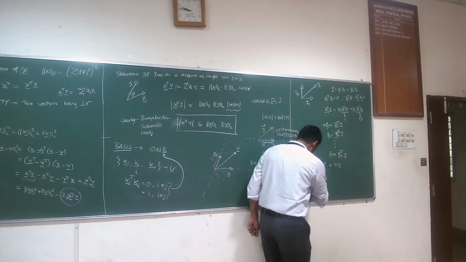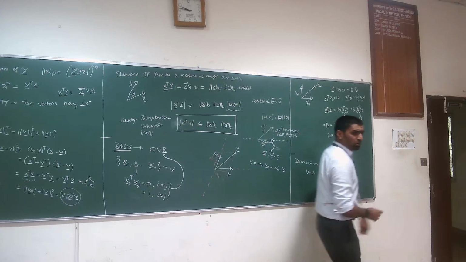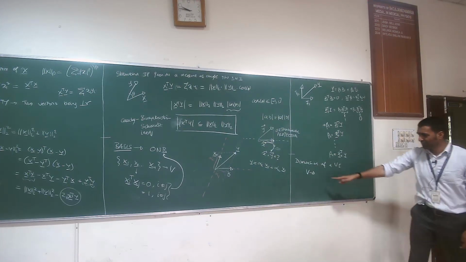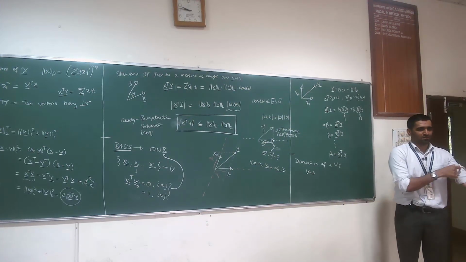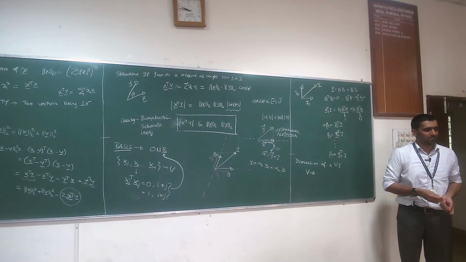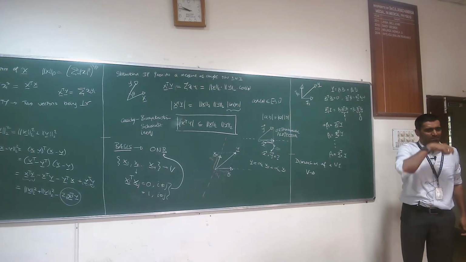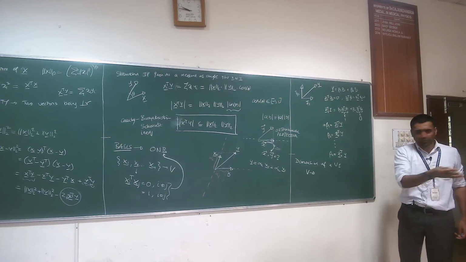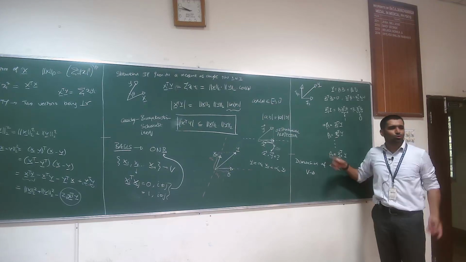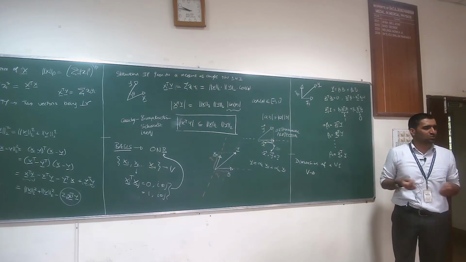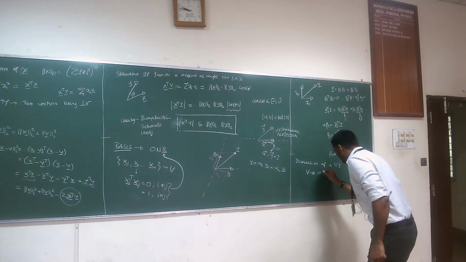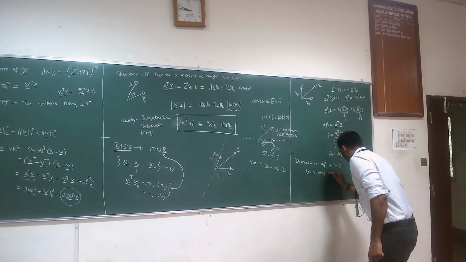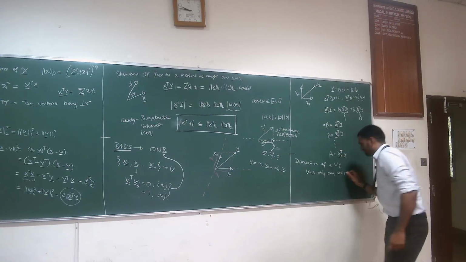So if you have a vector space V, how many possible bases can we have for it? Well, R2, how many possible bases can I choose for R2? Infinity, right? There are infinitely many bases.